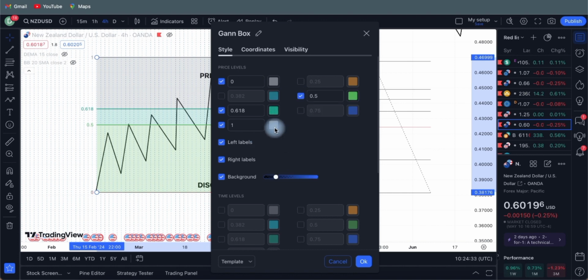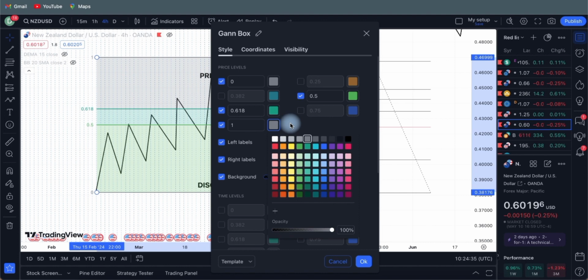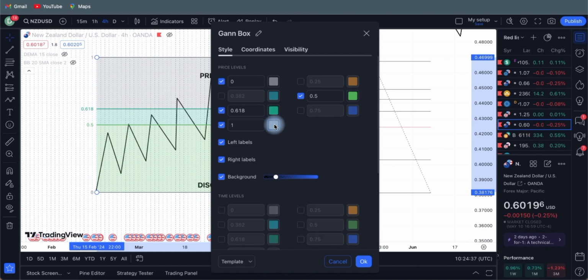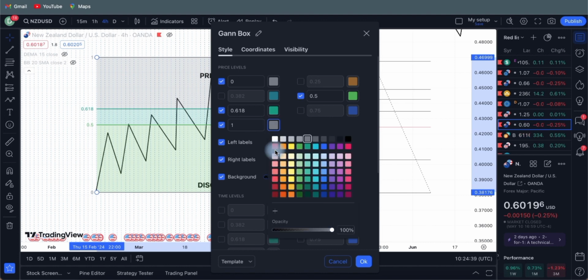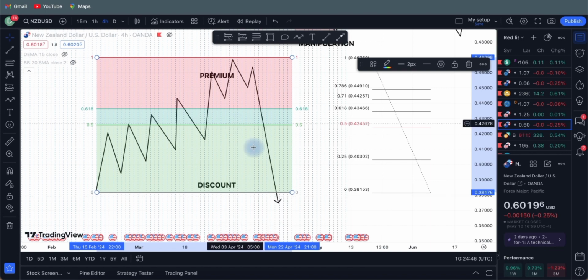Do not take your sell from the discount zone.